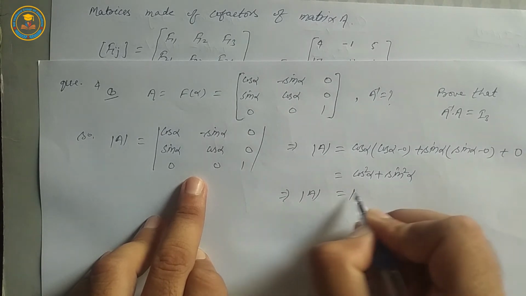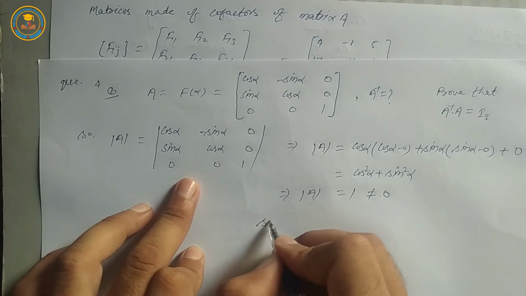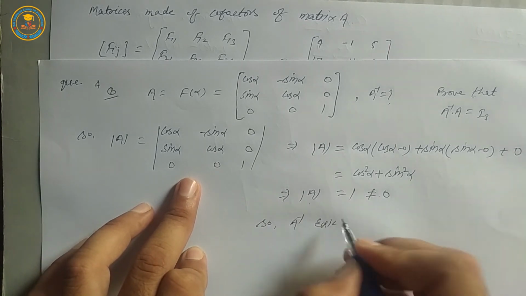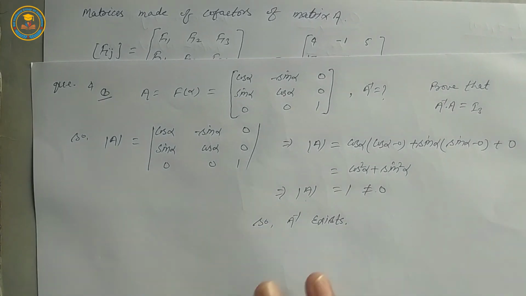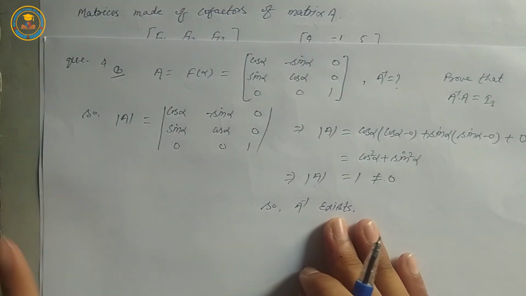Determinant A equals 1, it means determinant A is not equal to 0, so A inverse exists.